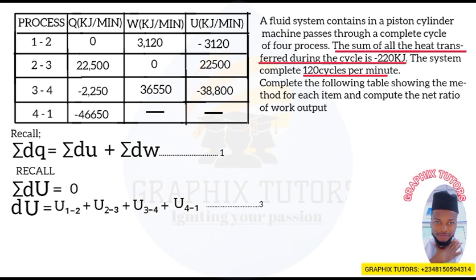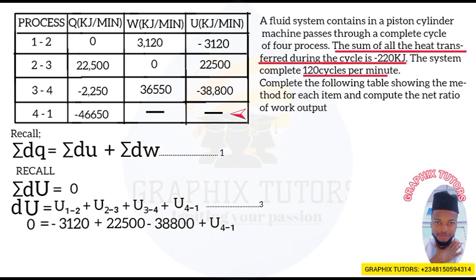So we know that we have given it that the internal energy here is 0. So I write my 0 here, equals to U1 to 2 is giving us 3,000 minus 3,120 plus U2 to 3 is giving us 22,500. U3 to 4 is minus 38,800 plus U4 to 1.